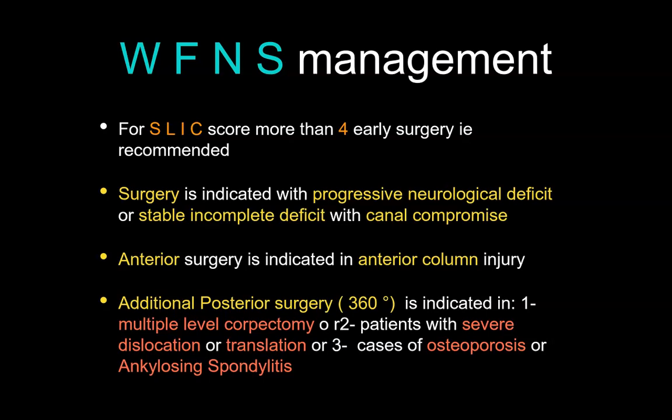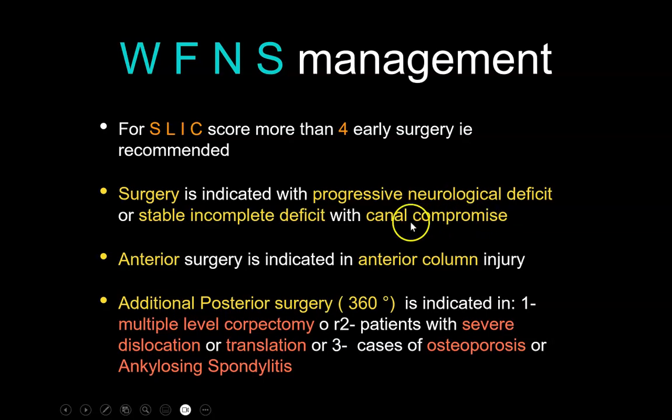Also the World Federation: SLIC score more than 4, as we said, early surgery is needed, and surgery is also indicated in cases of progressive neurological deficit. It's very logical. One patient has progressive neurological deficit and a piece compressing the cord.